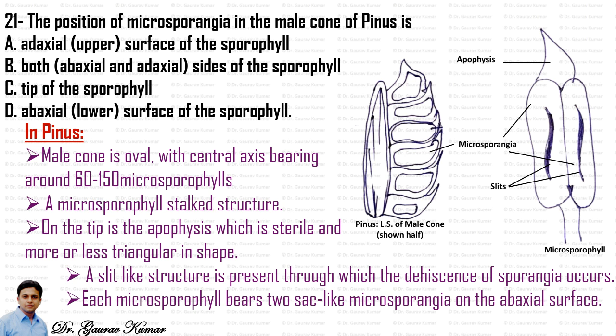On the tip is the apophysis, which is sterile and more or less triangular in shape. A slit-like structure is present through which the dehiscence of sporangia occurs. And each microsporophyll bears two sac-like microsporangia on the abaxial surface. So the answer to this question will be D. That is, the position of microsporangia in the male cone of Pinus is the abaxial surface of the sporophyll.